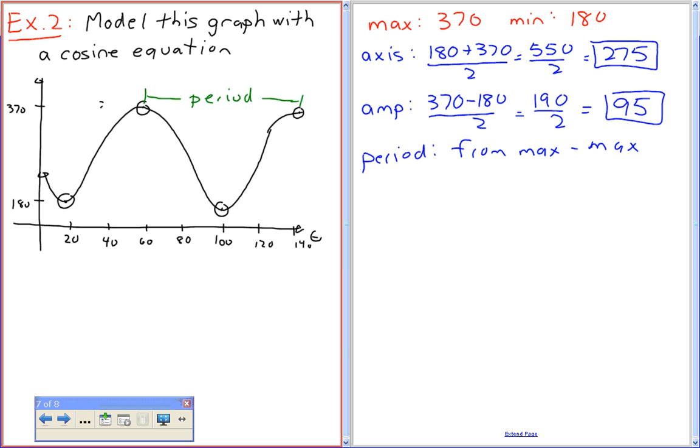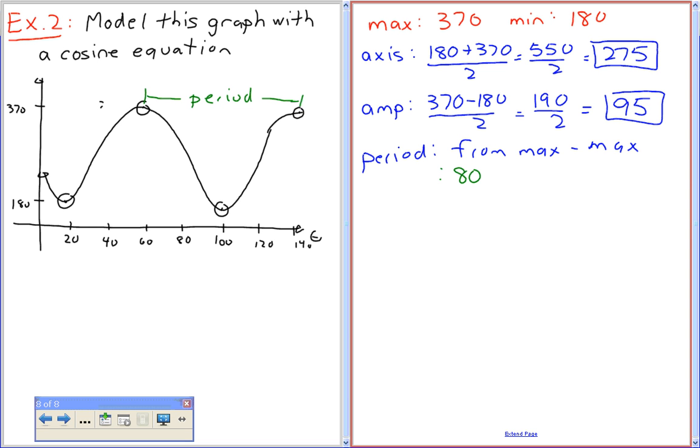So the left-hand side is 60. The right-hand side is 140. So in this case, the period is going to be 80. This is the part you guys really got to make sure you get down. It's 60 on the left, 140 on the right.